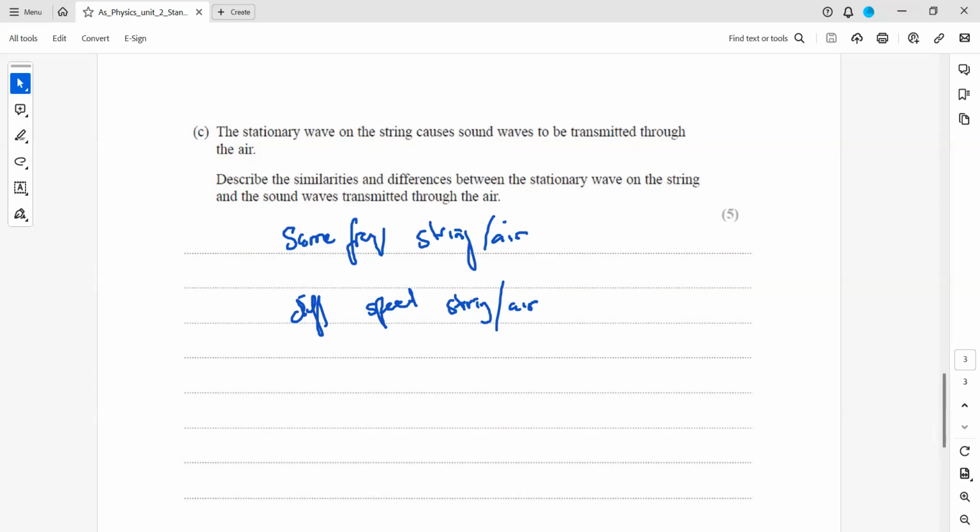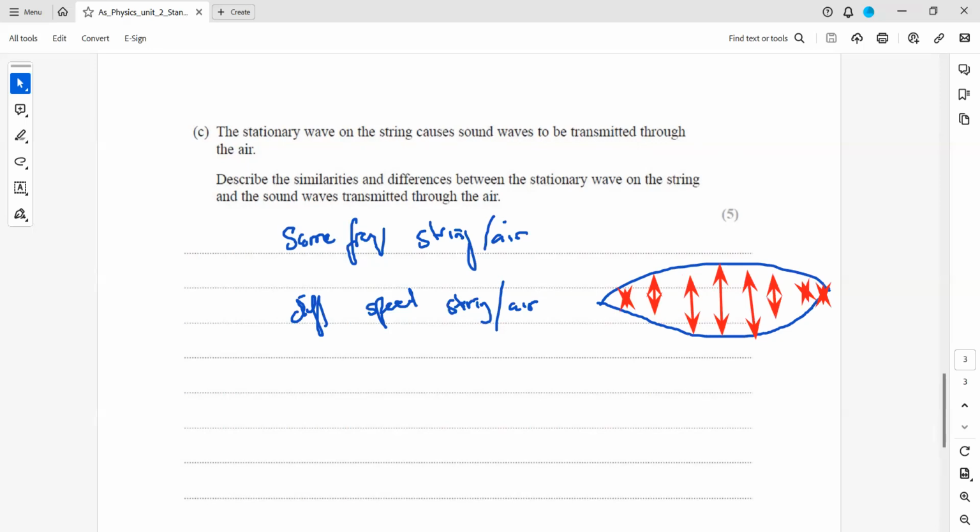Another thing, as a result, what will happen? When the sound waves are produced, it's not like a standing wave, where the amplitude of vibration is changing. It's not the same throughout. Here, this is the maximum amplitude, and that is called an antinode.